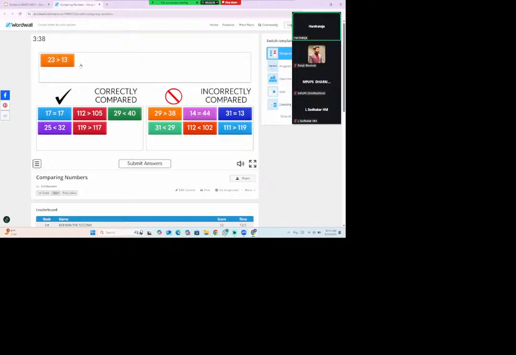And now if we look at the tens place, there's a 2 on this side and a 1 on that side. We know that 2 is greater than 1, so the teeth should be facing 23.